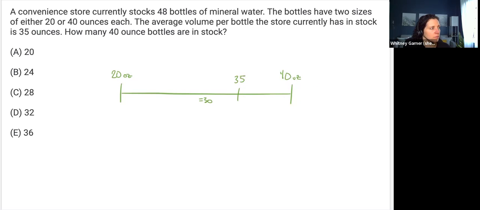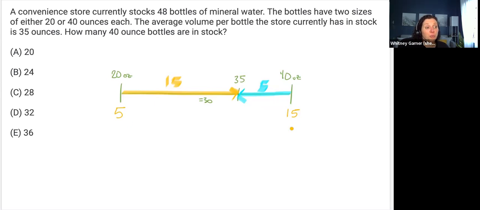to the 40 ounce. So what I can look at is that I'm being pulled 5 on this end. The 40 ounce is pulling 15. That gives me a ratio. So for every 15 40-ounce bottles, I have 5 20-ounce bottles.